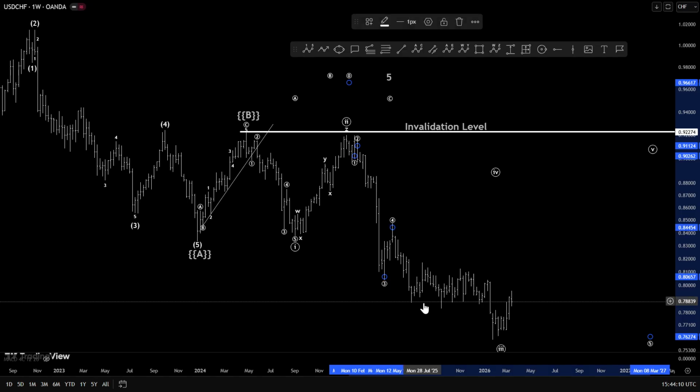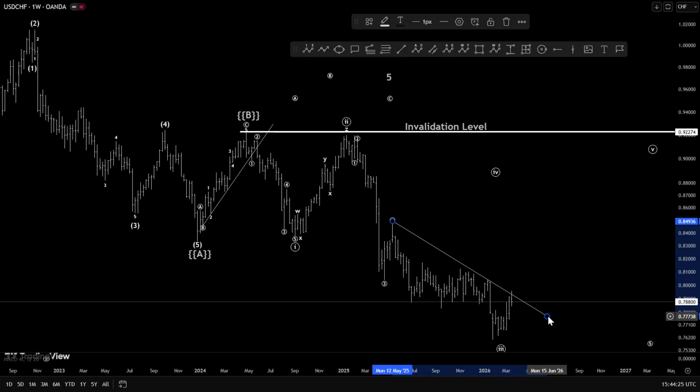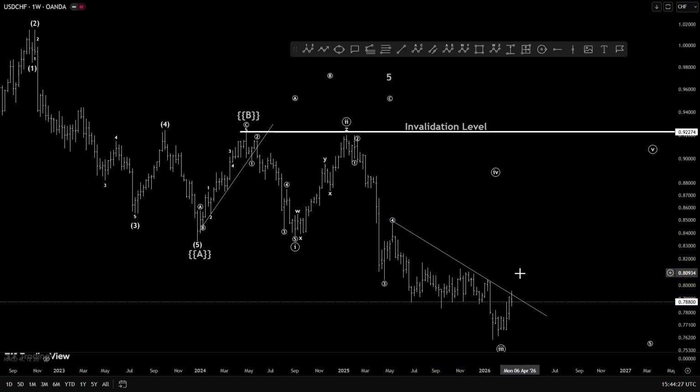After 4 we have 1, 2, 3, 4 and 5. Let's give it, we have an ending diagonal that ended this way. Okay, this is an ending diagonal pattern.